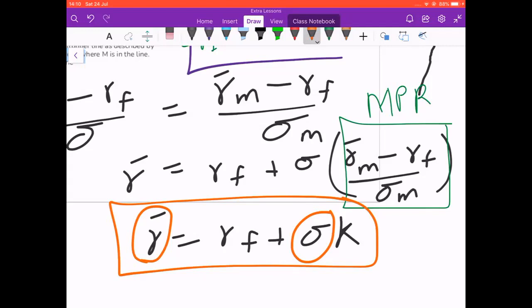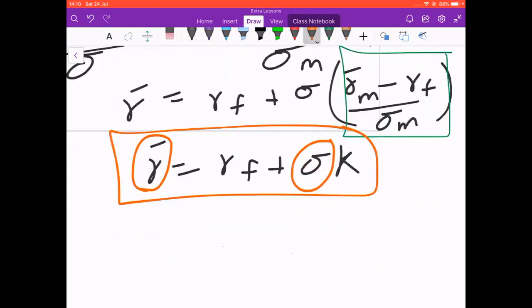So if your risk increases by 1 unit, your returns need to increase by K. Let's say your K is going to be equal to 0.03. This is the same as 3%.